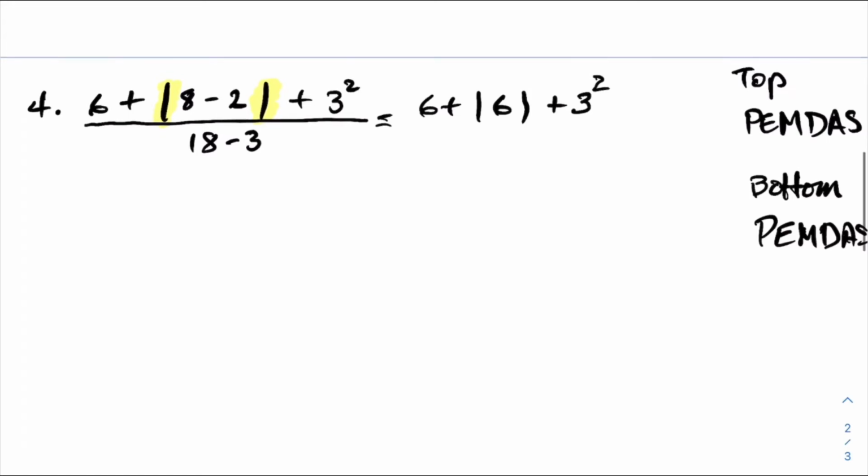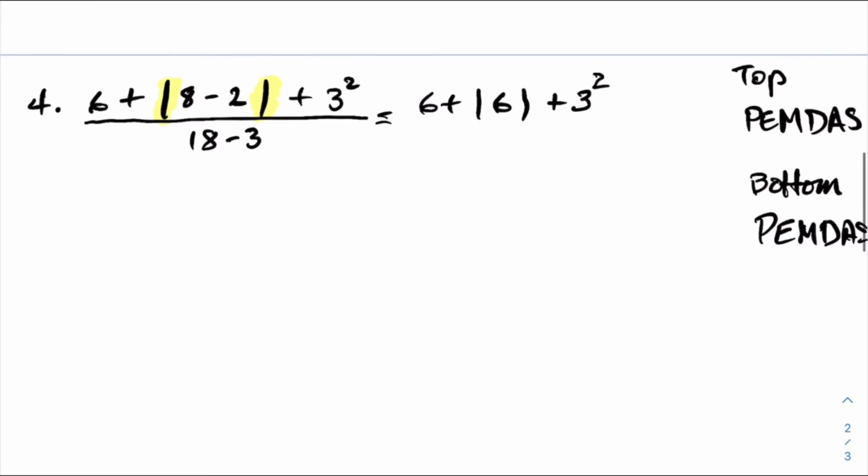A quick example for absolute value. Absolute value makes any number inside the absolute value positive. So if you have a negative 5 inside absolute value, that equals 5. If you have an absolute value of 5, which is also 5, it really doesn't do anything to a positive number.